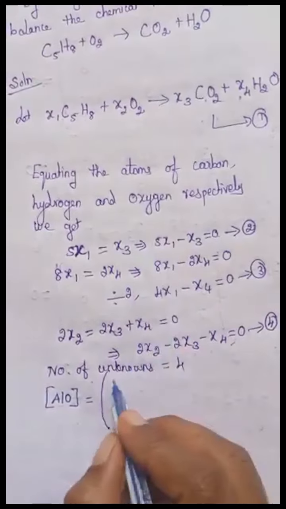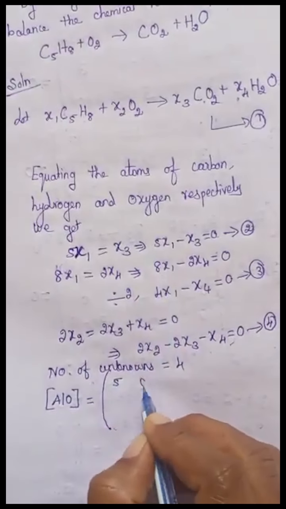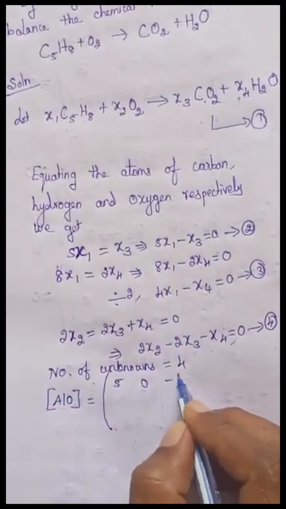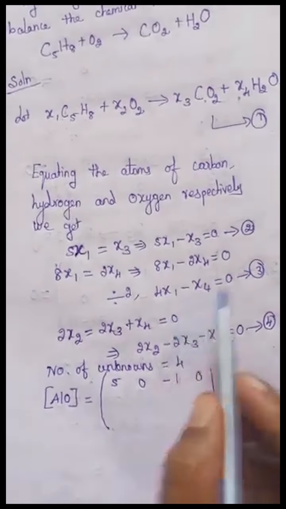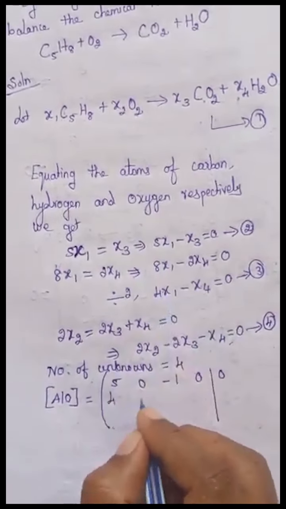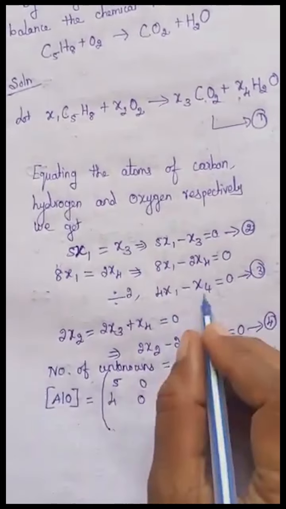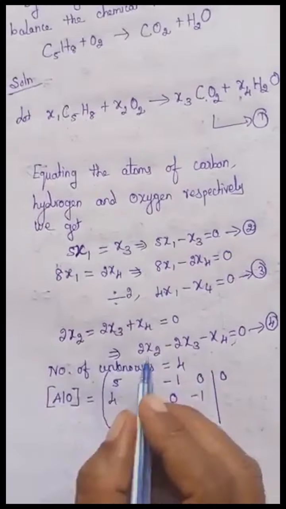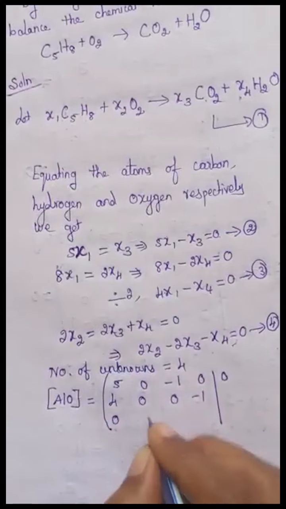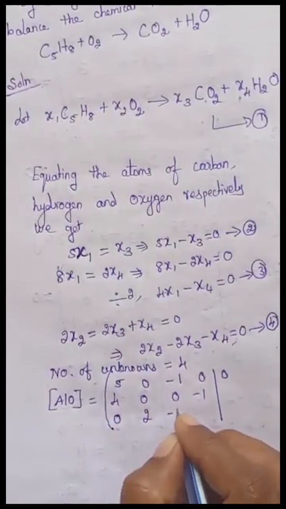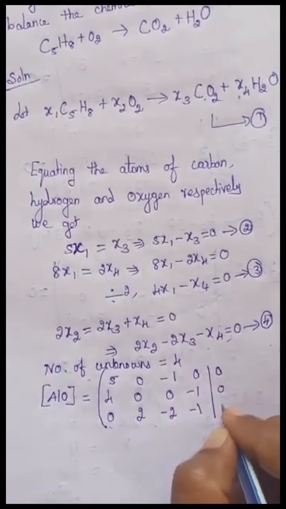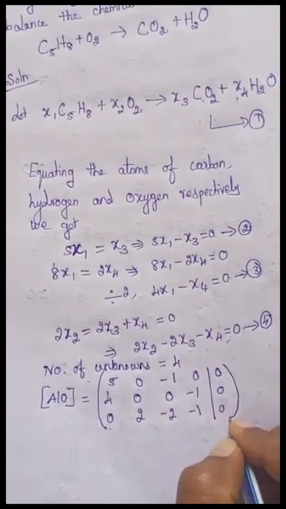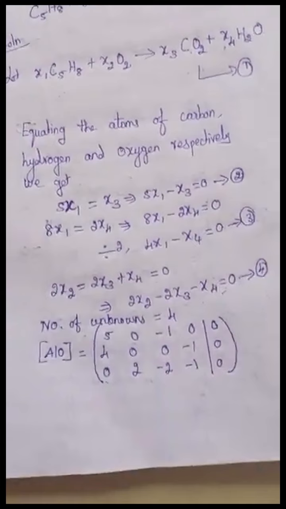So first equation x1 is there, x2 is not there, x3 minus 1, x4 is not there. Then this equation 4, x2, x3 is missing, x4 minus 1. Then here x1 is missing, 2, minus 2, minus 1. Is that clear?